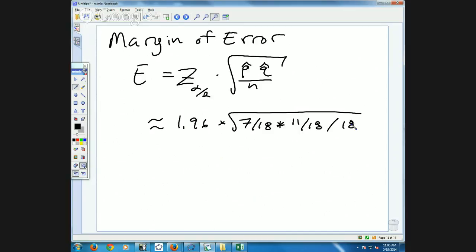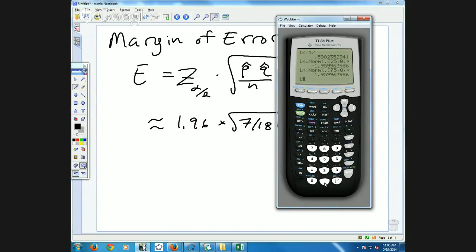Let's find out what our margin of error is for a 95% confidence interval. And again, the bigger our confidence level, the wider the interval is going to be. We have a little bit of control over that, and I'll explain why next. So what do I have?